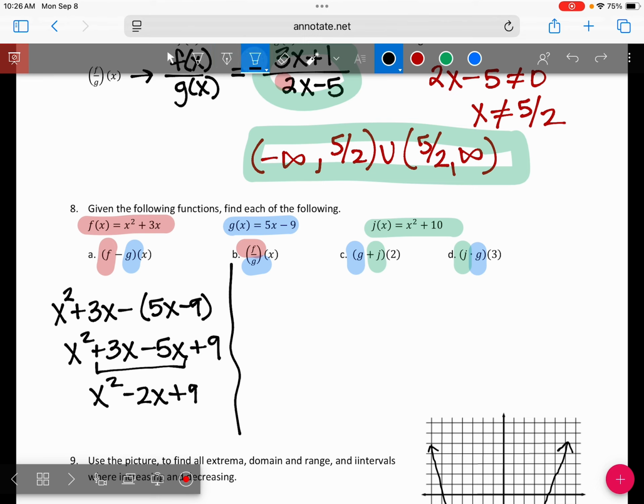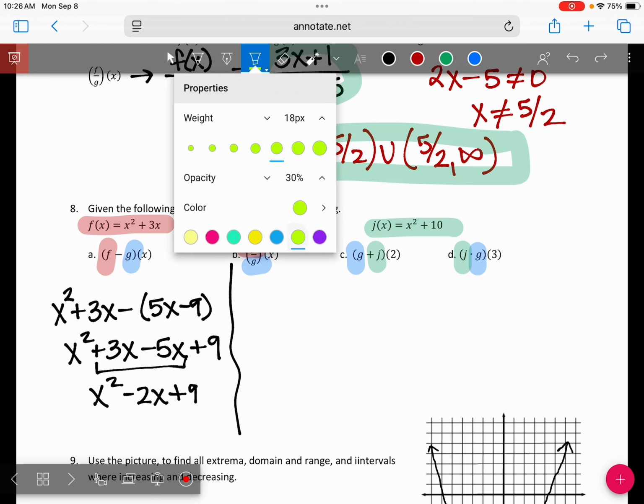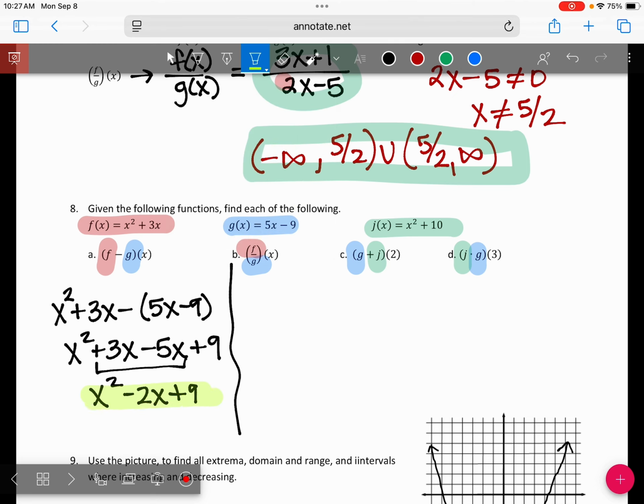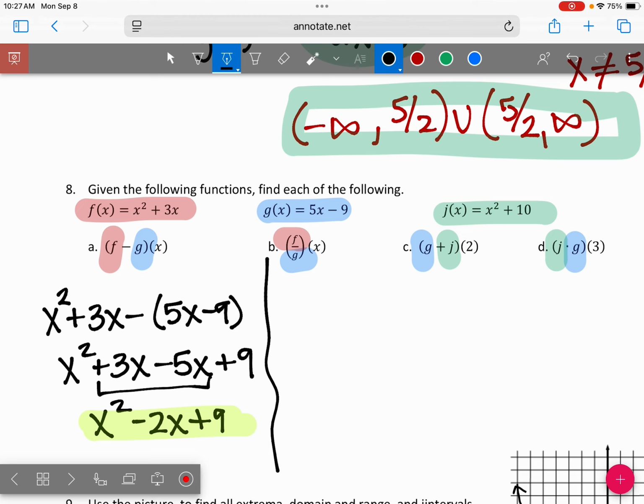Let me highlight that. That would be my final answer right here. So what I just did there is I took f of x minus g of x, and I combined like terms.